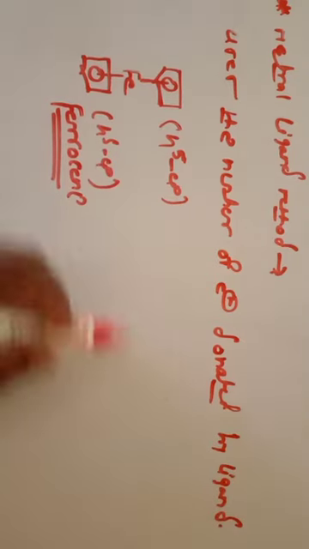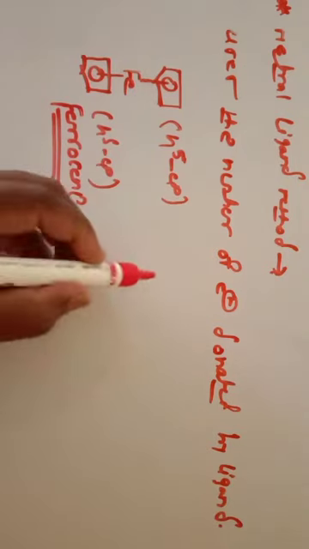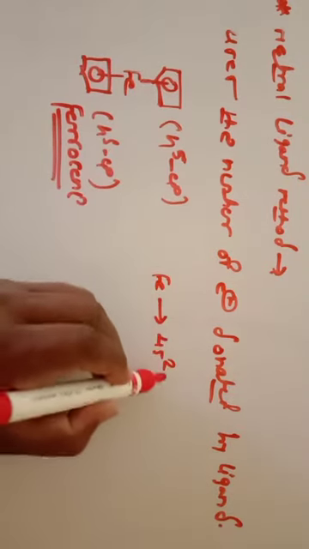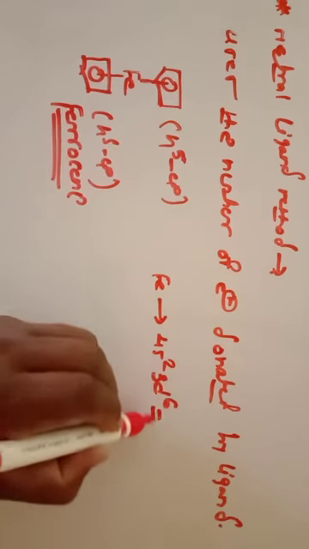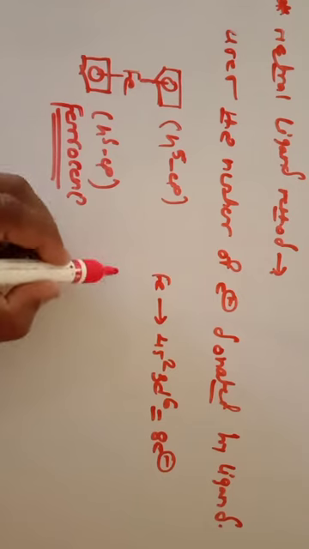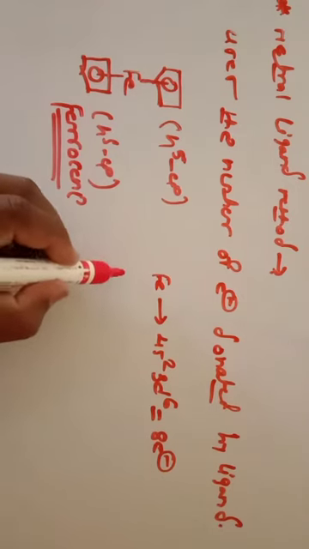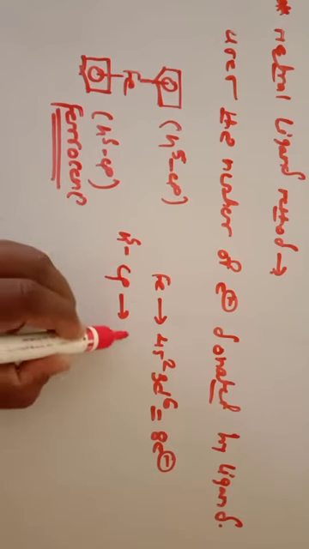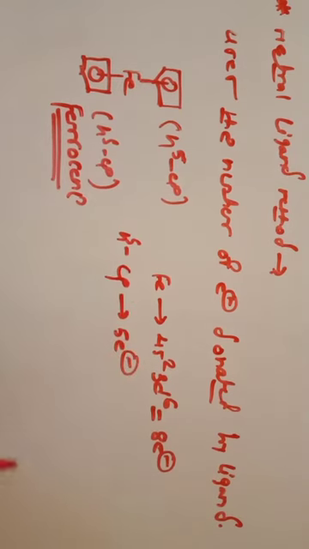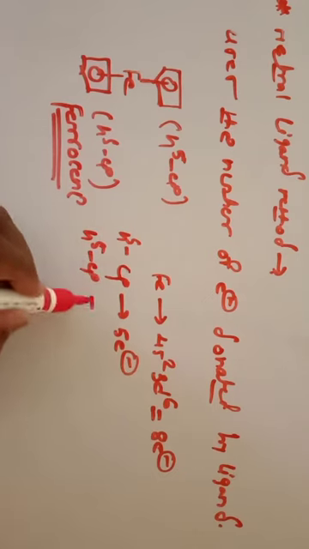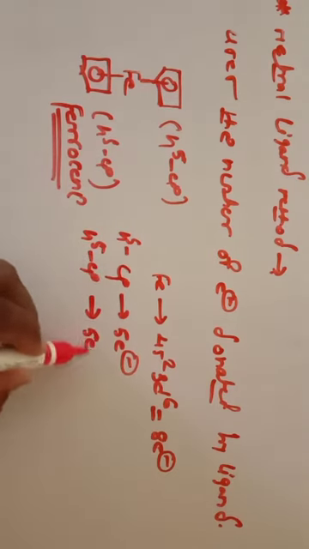So if you count the electrons, Fe is 4s2 3d6, so it contributes 8 electrons. And then 1 eta 5 Cp contributes 5 electrons, and another eta 5 Cp also contributes 5 electrons.